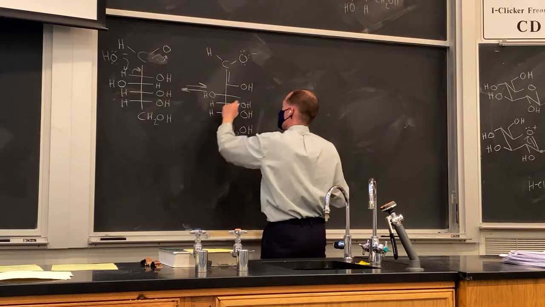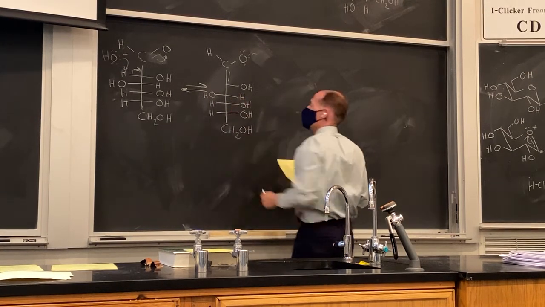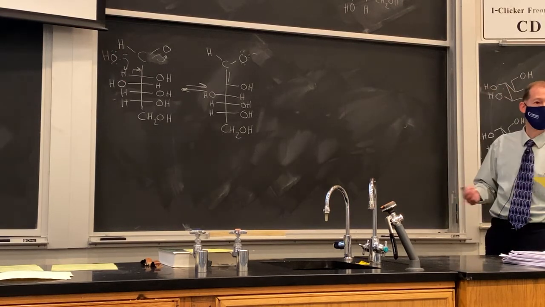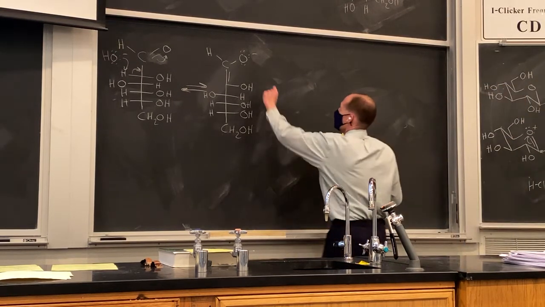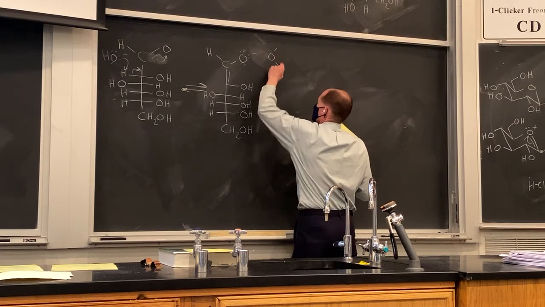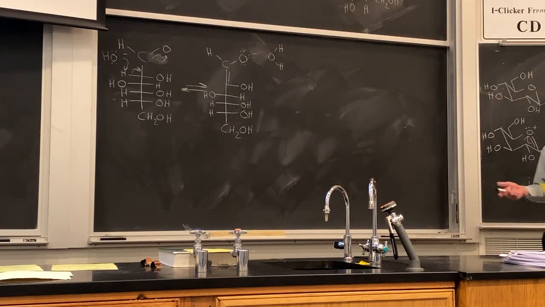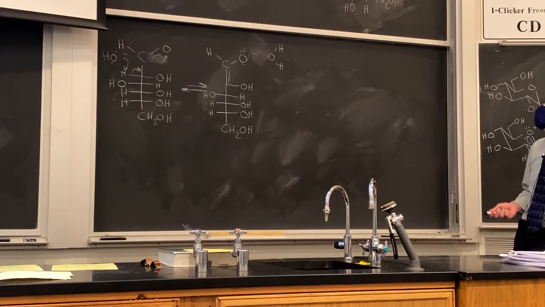So we form the enolate. We don't form it completely because of the pKa of the aldehyde versus the pKa of water. But we're going to form some enolate and we're going to form some water. The water can then protonate the enolate. It's going to protonate back at the alpha carbon, C2 in this case.